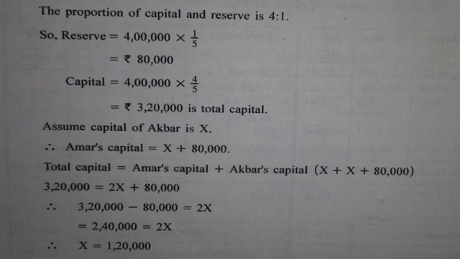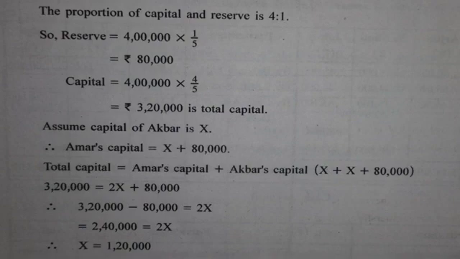What is the total capital? It is 3,20,000 as per our calculation. So 3,20,000 equals Amar's capital, X plus 80,000, and the capital of Akbar, X. So X plus X plus 80,000.